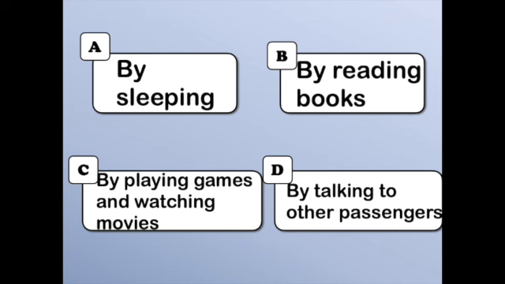Question number 5. How does the dad plan to keep the child entertained during the flight? A, by sleeping. B, by reading books. C, by playing games and watching movies. D, by talking to other passengers.